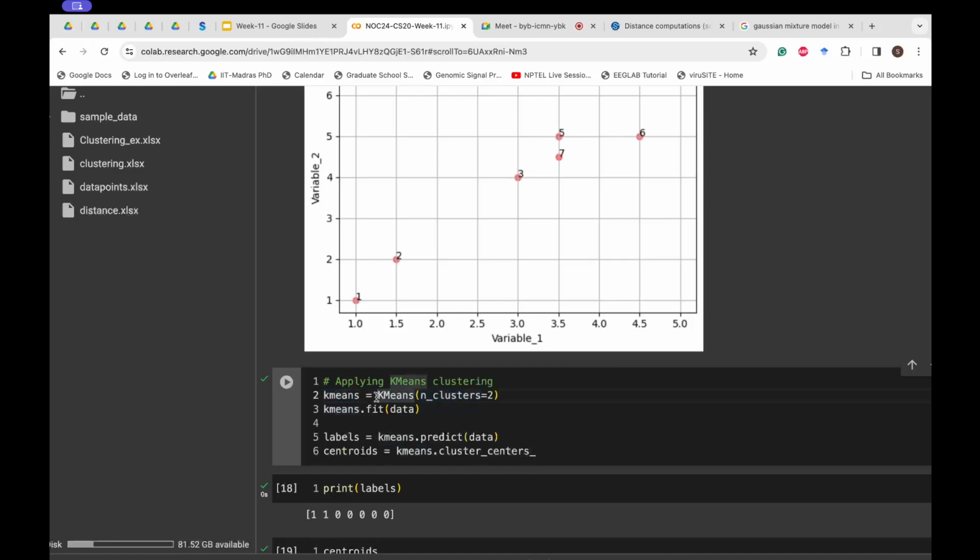What you are trying to do is create an instance of k-means with number of clusters equal to 2, and then once you have this instance, you use it to apply the k-means algorithm on the data using the fit function.